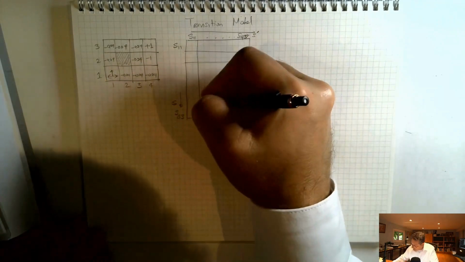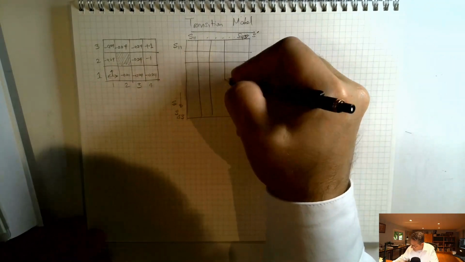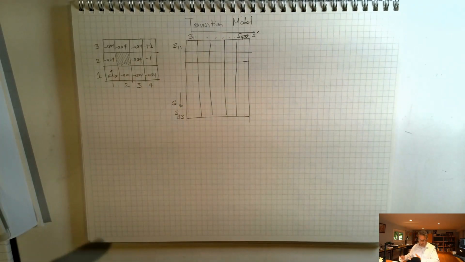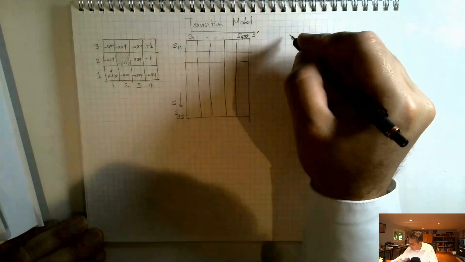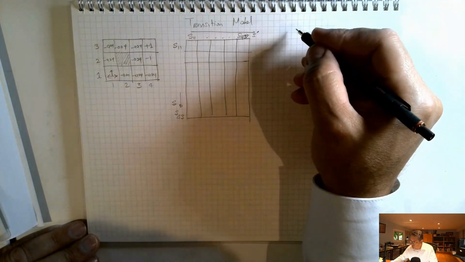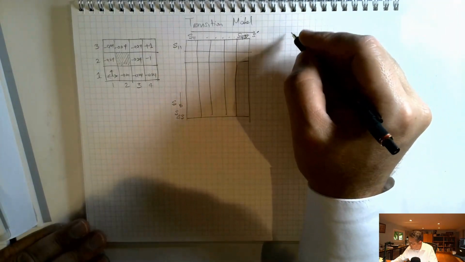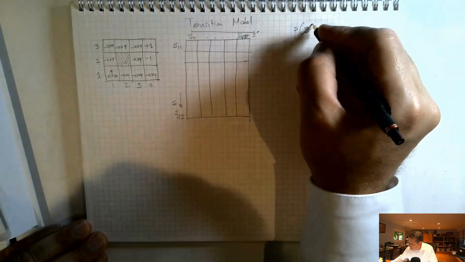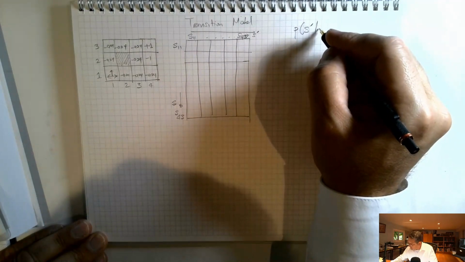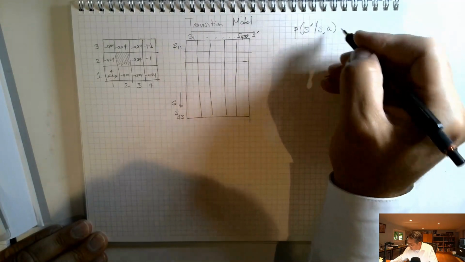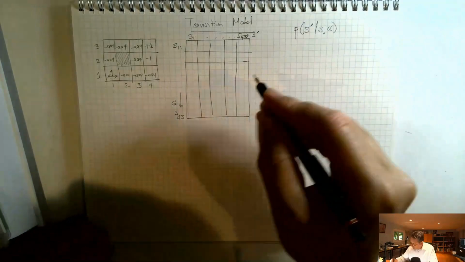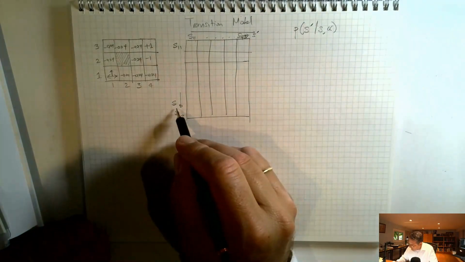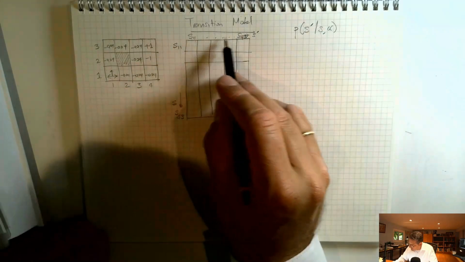So the matrix is effectively giving us a tabular form of the underlying probabilistic transition model. We know that conditional probabilities can be fully specified by matrices. So for P of S prime given S comma A, we need one axis assigned to the initial state and another axis associated with S prime.